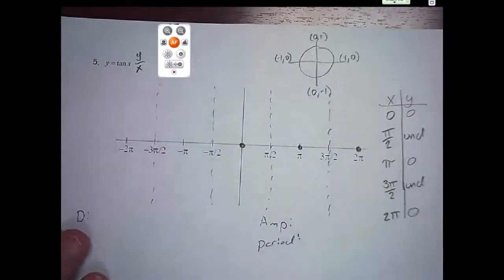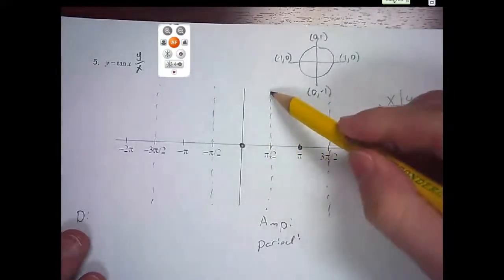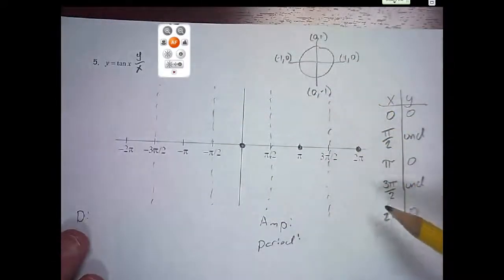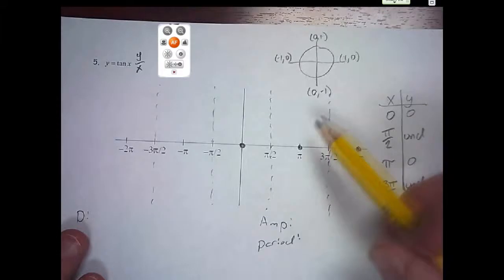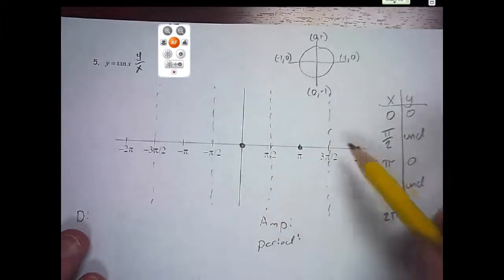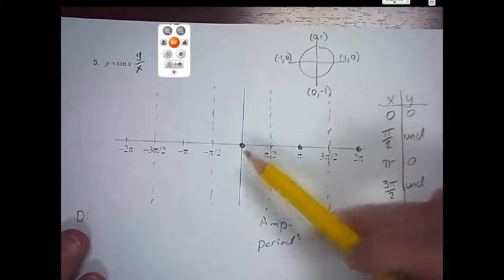Well, I know that I'm going to have some kind of lines on this graph, and they're going to be following these asymptotes in some direction. Well, at the moment, I don't really have enough information to know which way my line's going to go, because it's just right on the axis. There's no other point here to help me out.